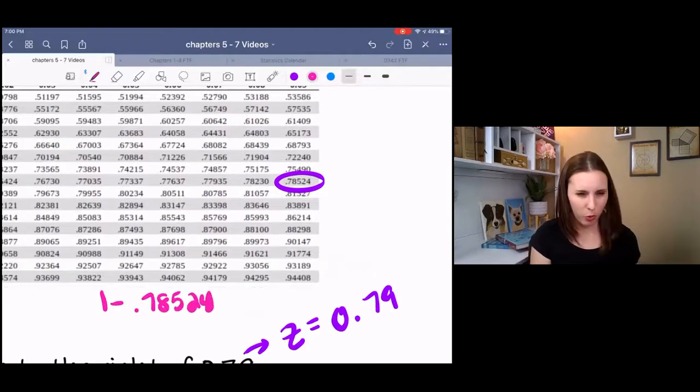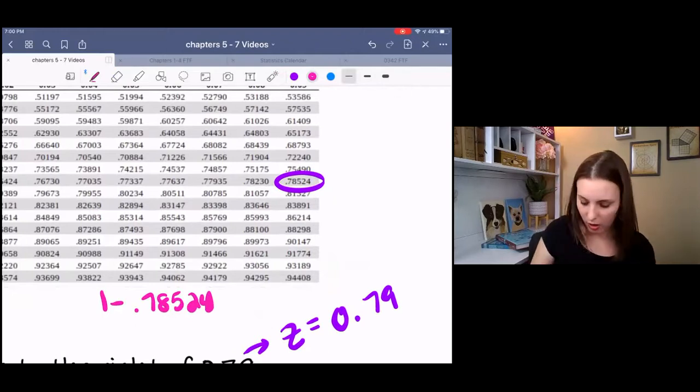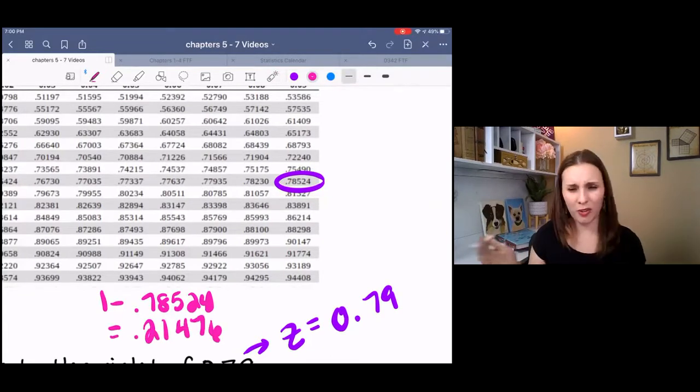You should get about 0.21, I think. Yeah. We get 0.21476. You don't have to go that many decimal places. 2 or 3 decimal places would be fine. So about 21% lies to the right.